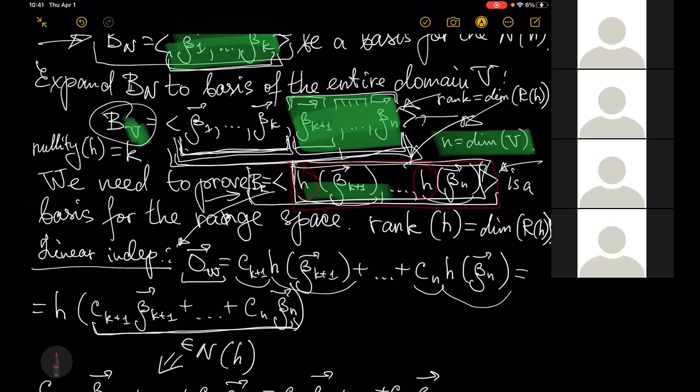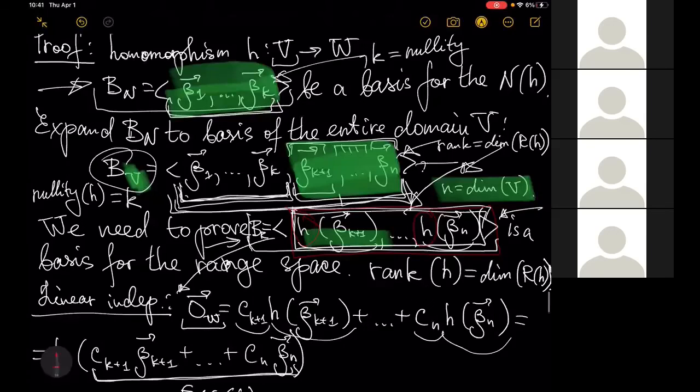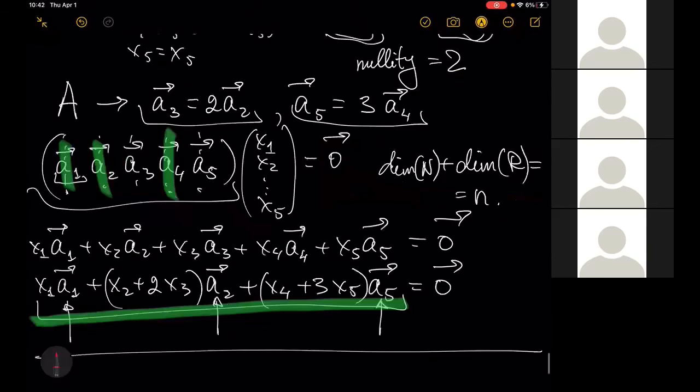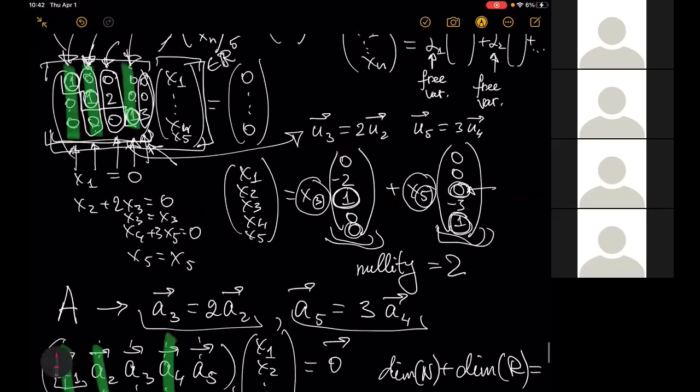They have different dimension. So here, for example, pay attention: the null space is spanned by vectors containing how many entries?